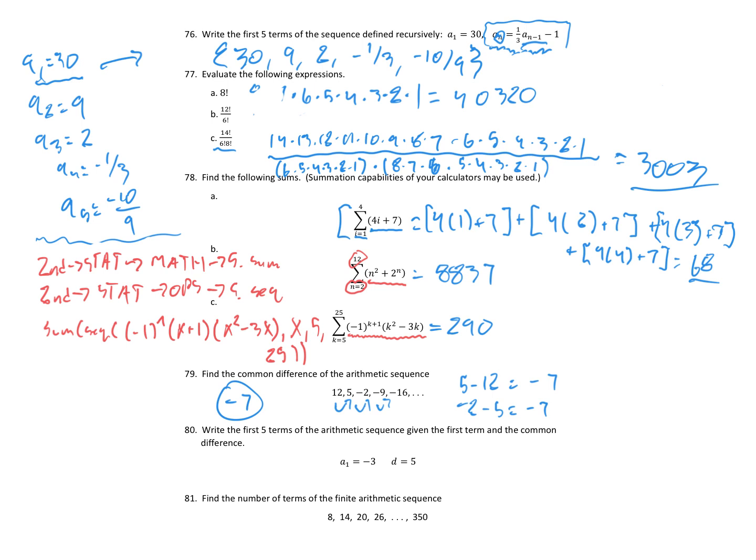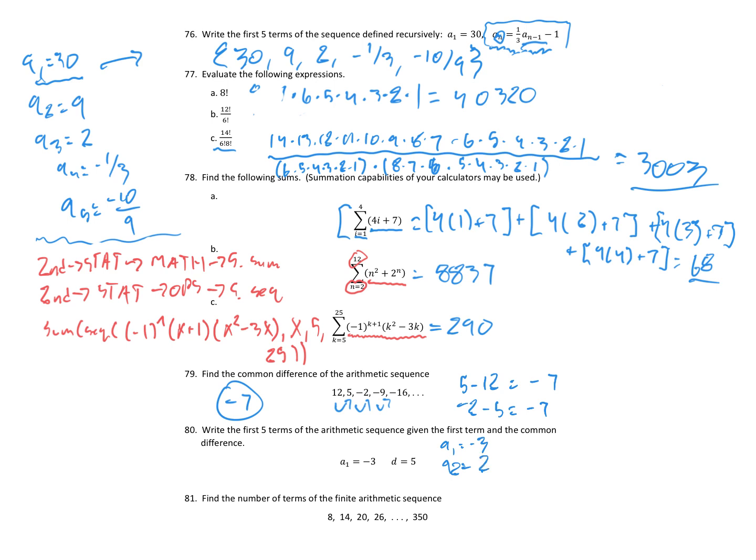Sweet. Not so bad. So next, number 80. Write the first 5 terms of the sequence given this stuff. Well, we start with negative 3, right? That one's easy. It just gives it to us, right? Then common difference is 5, so this means it's going to change by positive 5 each time. So negative 3 plus 5, what's that?